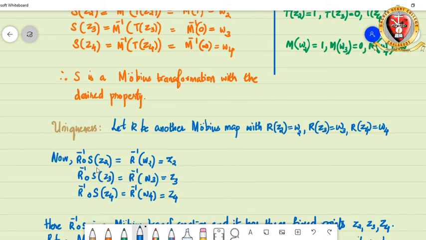So what does this mean? That R inverse composition S of set 2 is equal to set 2, R inverse composition S of set 3 is equal to set 3, R inverse composition S of set 4 is equal to set 4. That means set 2, set 3, set 4 are all acting as fixed points of the Mobius transformation R inverse composition S, and we had in the hypothesis that set 2, set 3, set 4 are distinct points.